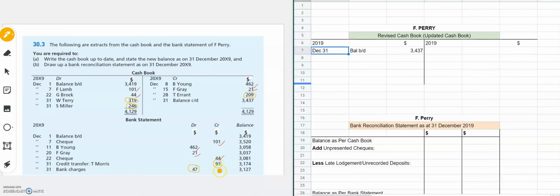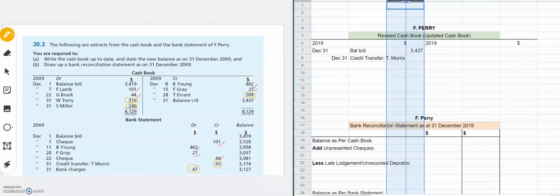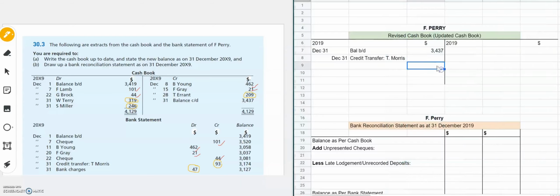This then means that I am going to make a debit entry in my updated cash book. Now I'm going to enter my amount, $93.